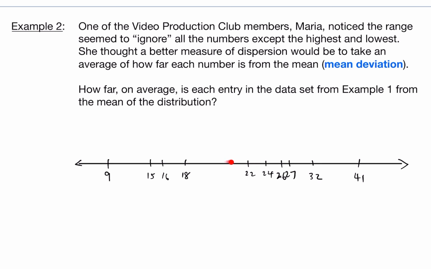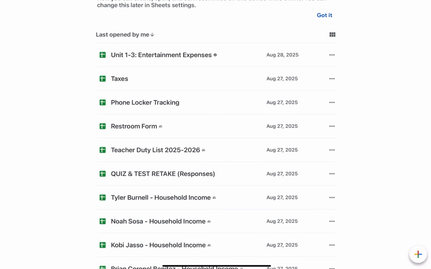So 9 is about this distance, 15 is about this distance, 16 is about that distance, and so on and so forth. We do the same thing on the other side. We want to find what that distance is, and then find the average of that. The best way to do this is to use the spreadsheet, so let's go ahead to the spreadsheet.